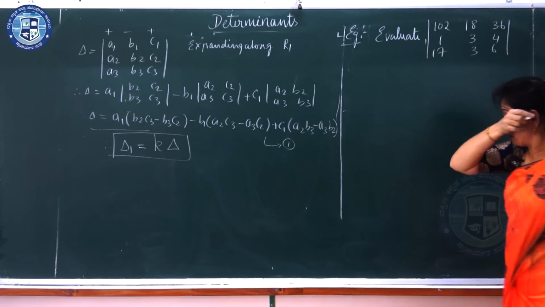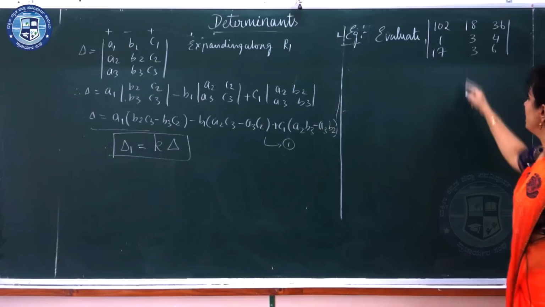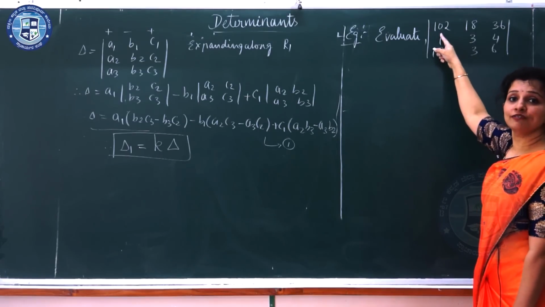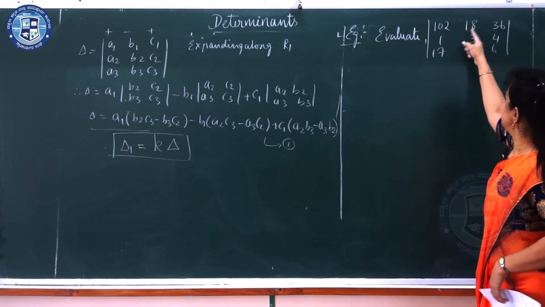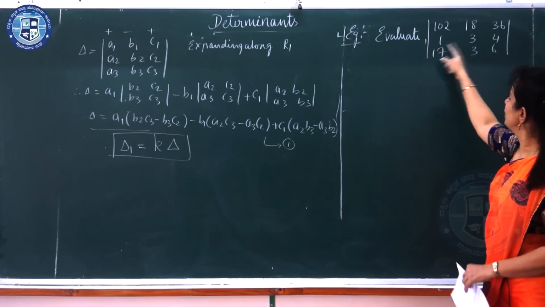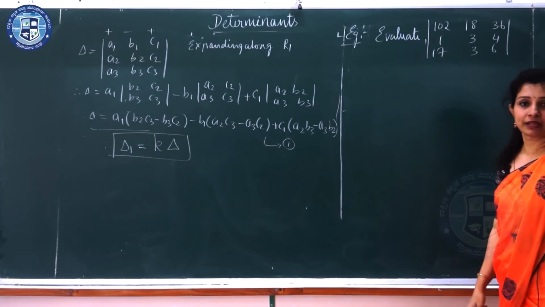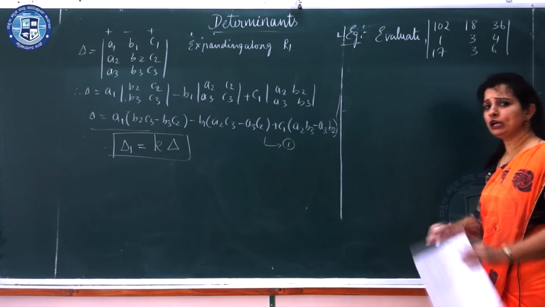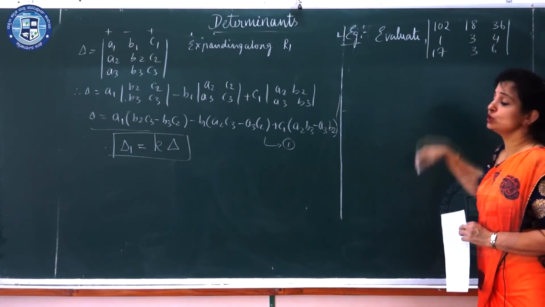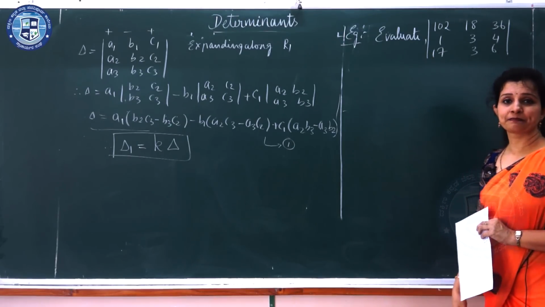Look at this. The first row elements are 102, 18, 36, then 1, 3, 4, after this 17, 3, 6. Is it possible to make two rows or two columns identical?